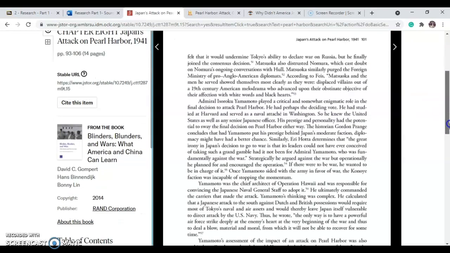And here we see that after the planning, Admiral Isoroku Yamamoto pretty much decided for the country. Yamamoto was the last to vote before deciding the attack on the United States.